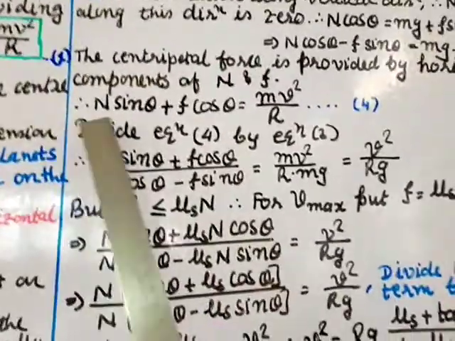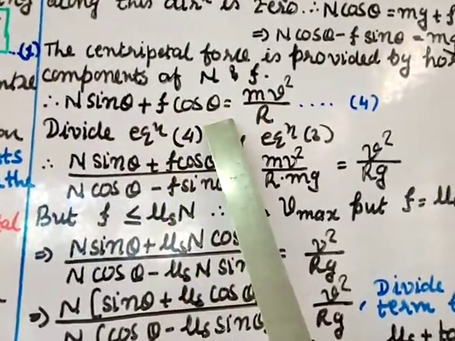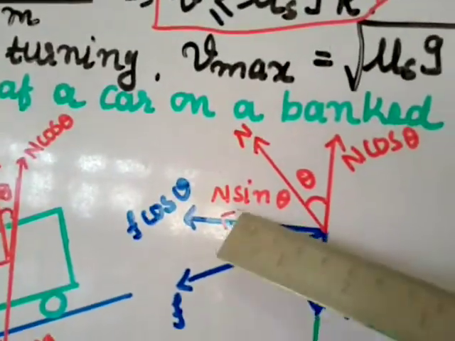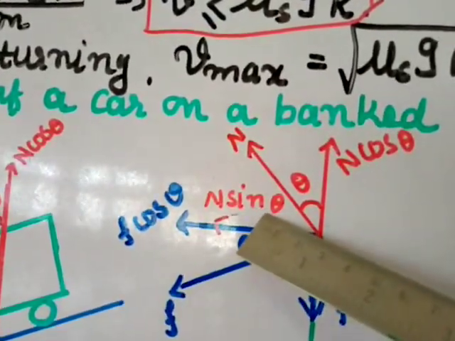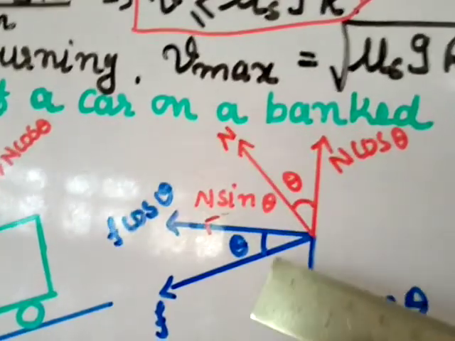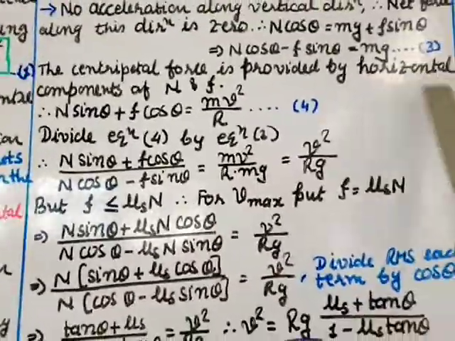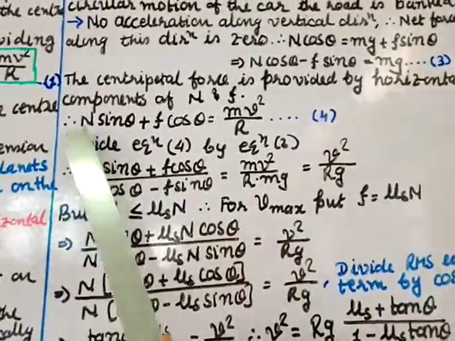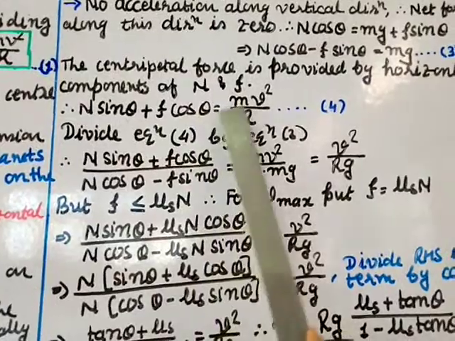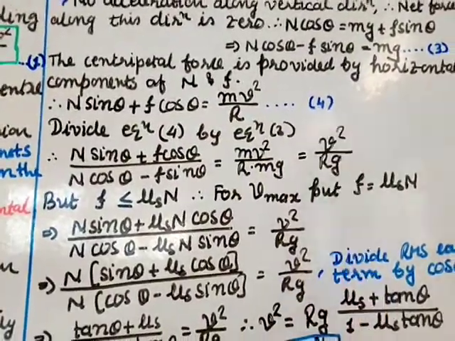So I can write here N sin theta plus F cos theta equals mv square by r, call it equation number 4.